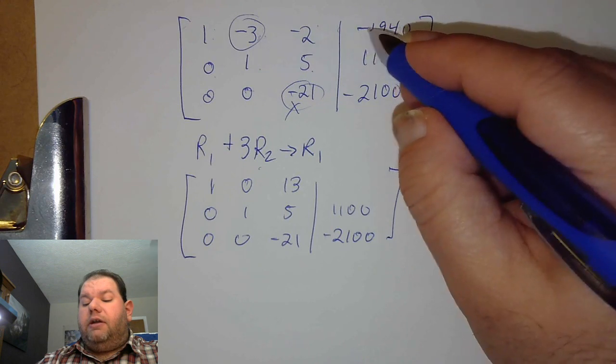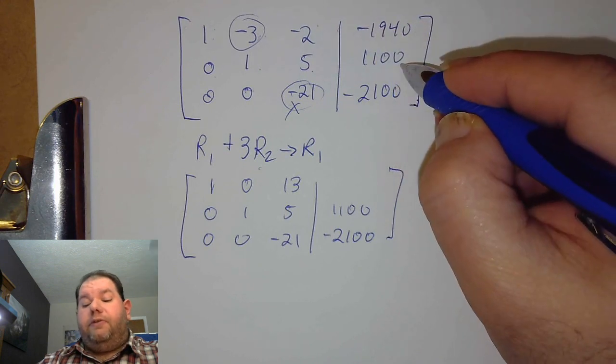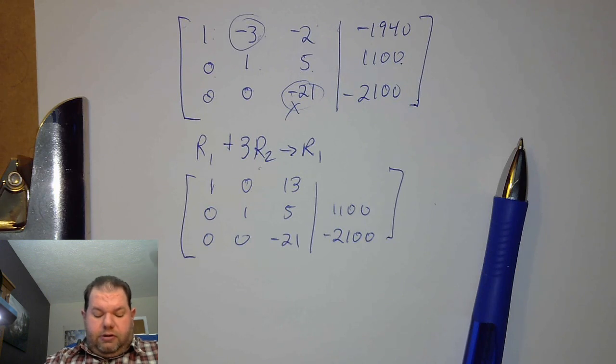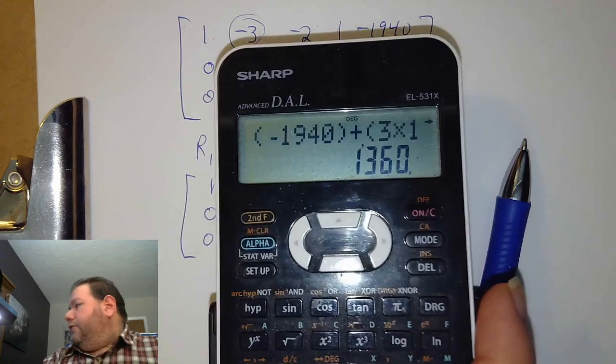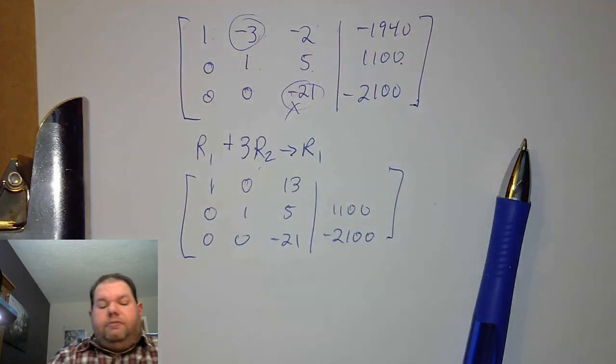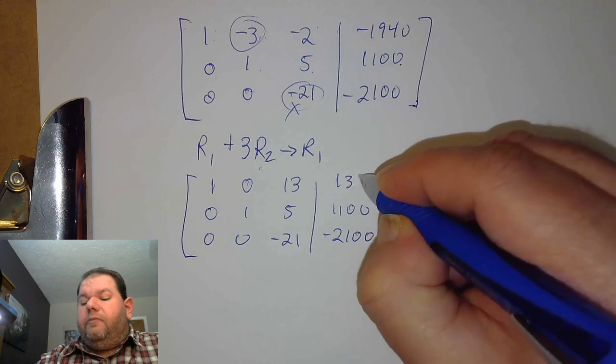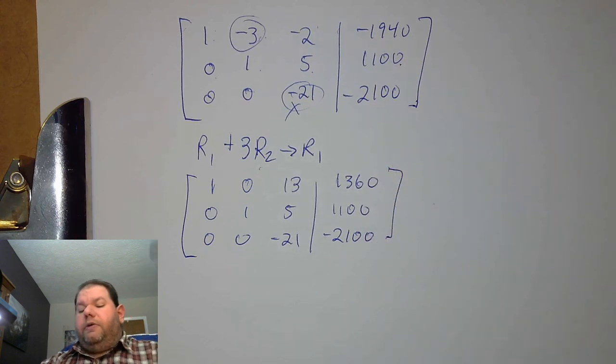And negative 1,940 plus 3 times 1,100 gives us 1,360. Okay.